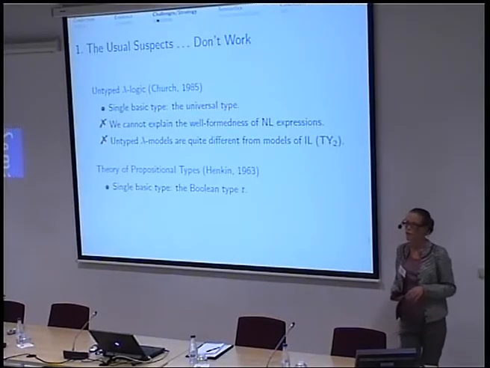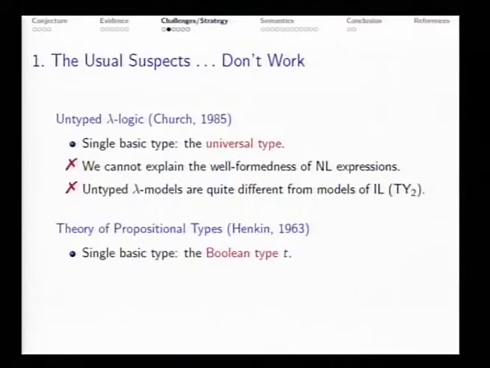A second alternative that is already much closer to home would be the models of Henkin's theory of propositional types. In this theory, we have just one single basic type, which is the Boolean type for truth value. So this seems to be nicely in line with what we are used to.